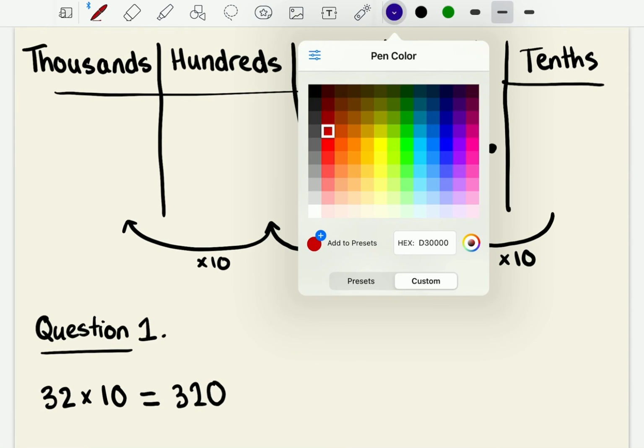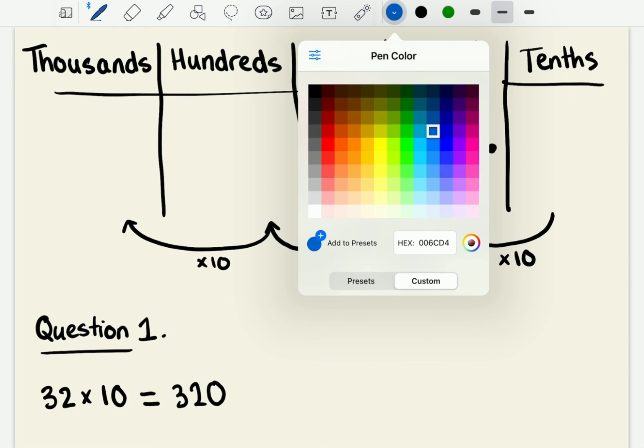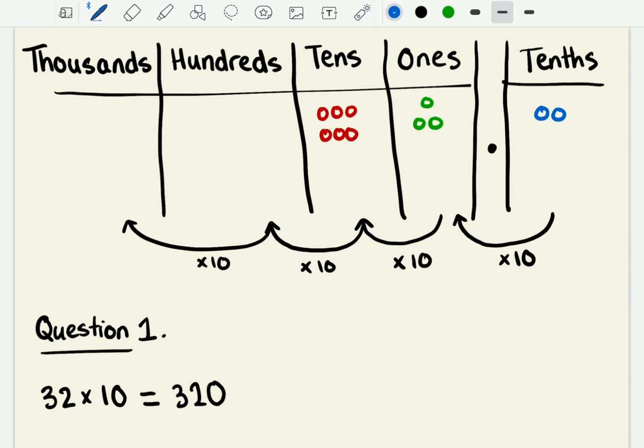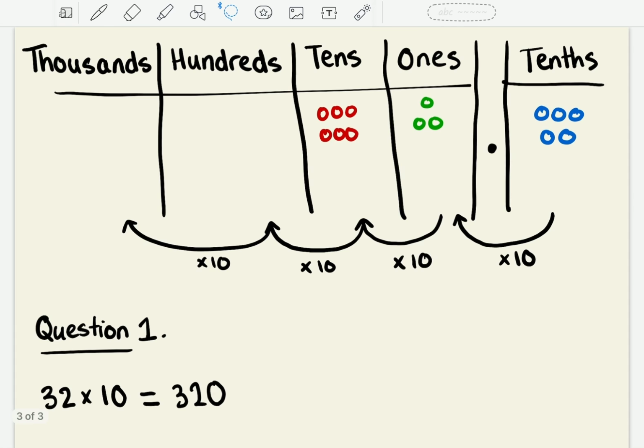Let's stick to the same color code. So 63, that's 6 tens, 3 ones, and 5 tenths, 0.5. Okay, so if we wanted to multiply by 100, we just need to multiply by 10 twice.